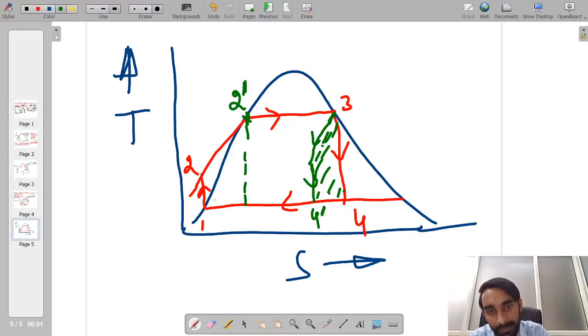So because of that, whatever the area we have got over here, so we have got this much reduction in area, this area is almost equal to the area over here. Okay, so it means that, because area under the TS diagram is nothing but equal to heat, whatever the amount of heat we have actually removed over here has been utilized in heating this much portion of the stream.